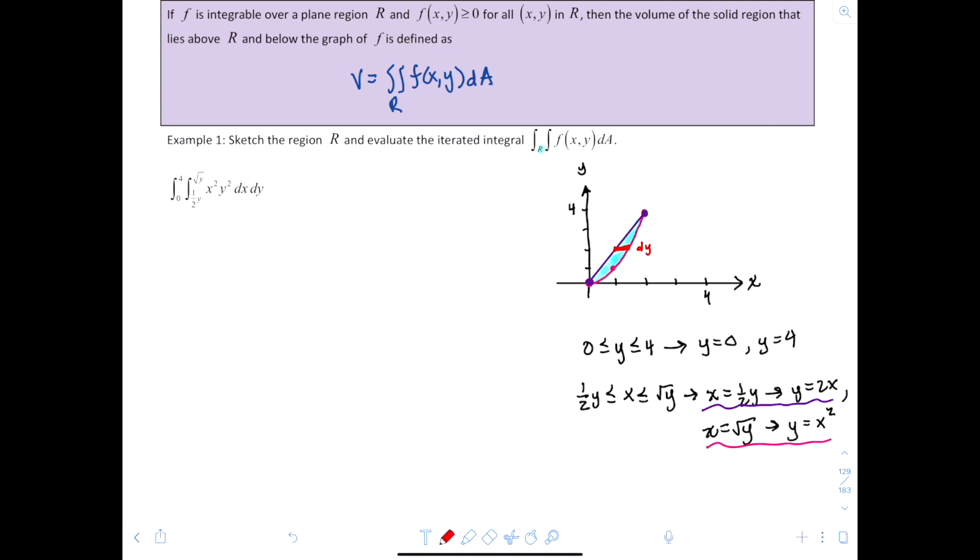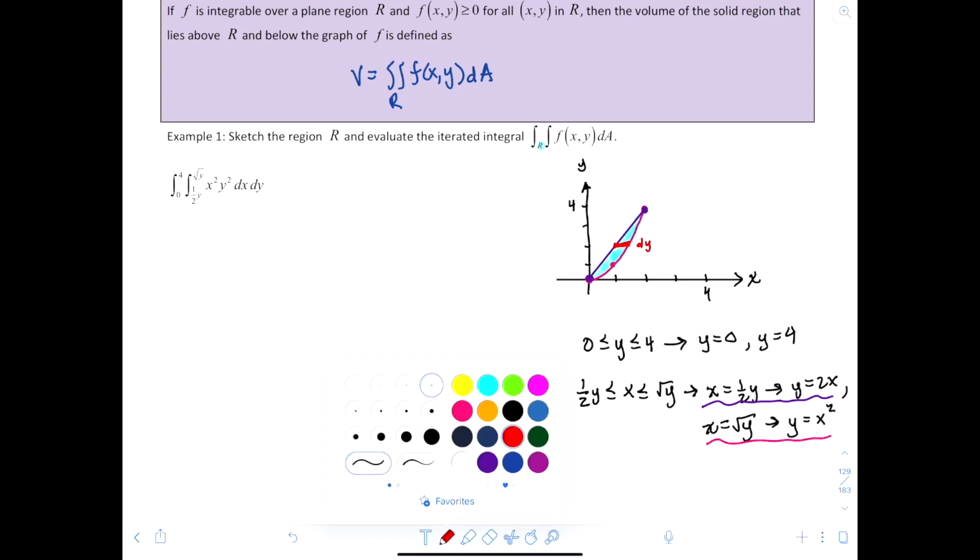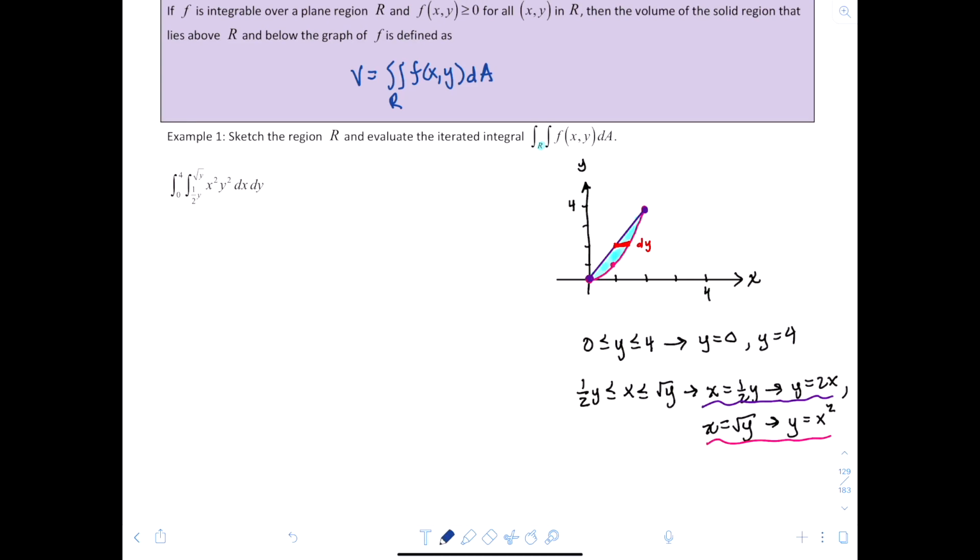Okay, so here we go. Let's check it out. This is the picture of the integral as it is shown here. So this would be equivalent to the integral from 0 to 4.